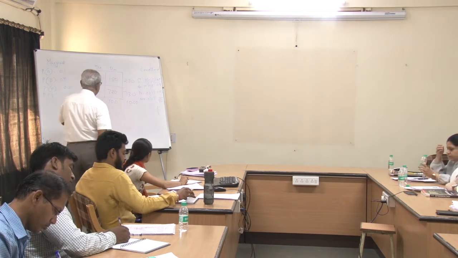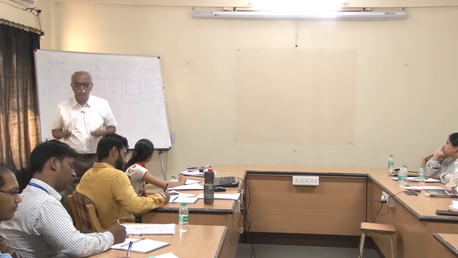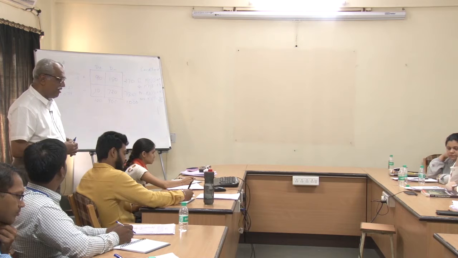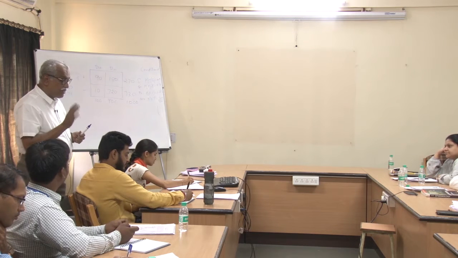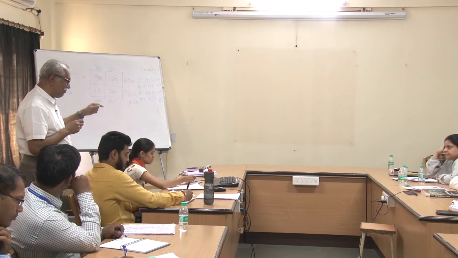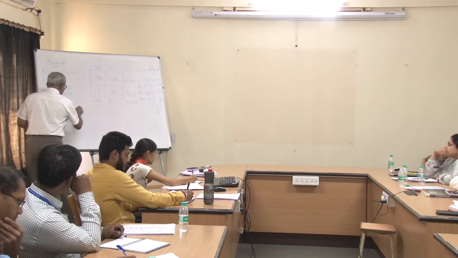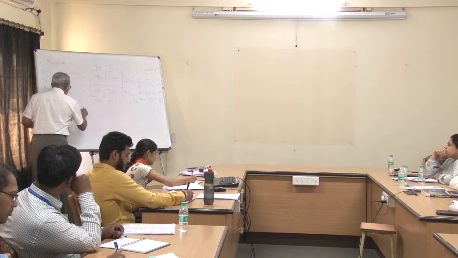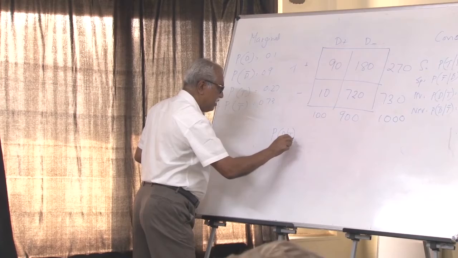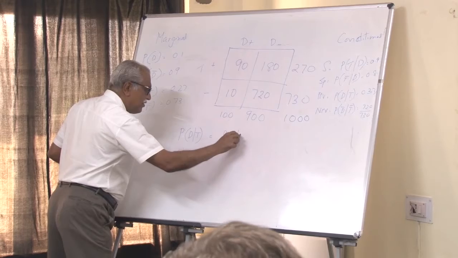Now, I got these numbers, and I'm going to venture into presenting to you what Bayes wrote down many years ago. I will not justify it, but you can later check whether the numbers tally. I'm going to write down the equation. Probability of disease given test is equal to probability of test given disease.